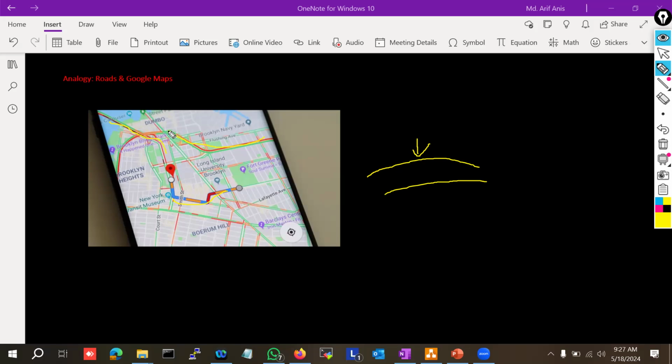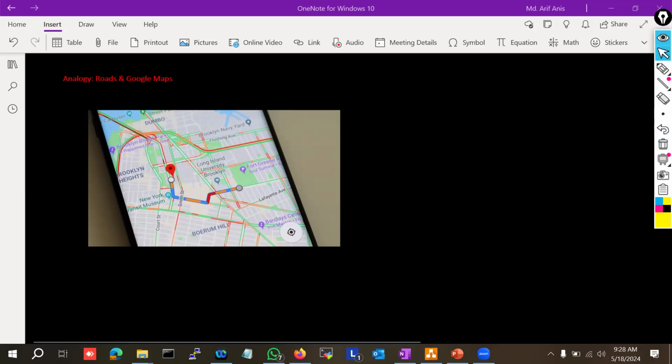Instead, it uses the existing roads to provide optimized routes, real-time traffic updates and alternate paths if there are any conditions or incidents, like accidents. So in the roads, highways and Google analogy, we consider the roads and highways as the underlay, and the Google app which provides our real-time information using these roads and highways is called the overlay.